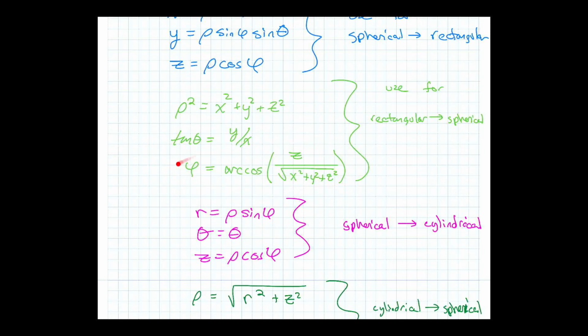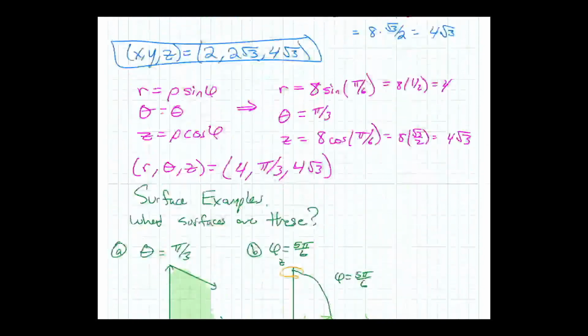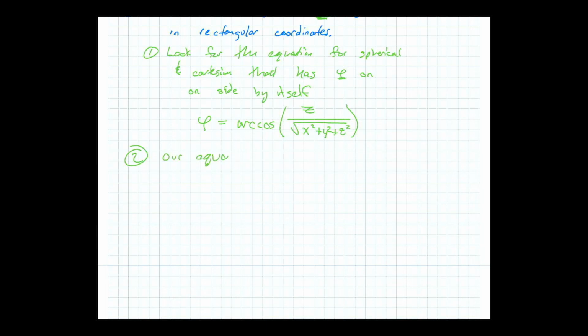So this is the one that we want, because we have the phi. Once we have that, our equation is that phi is a constant, phi equals 5 pi over 6. So simply make that replacement in the equation.